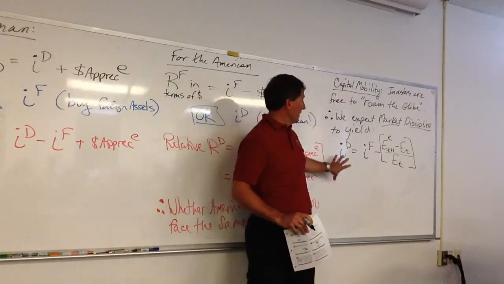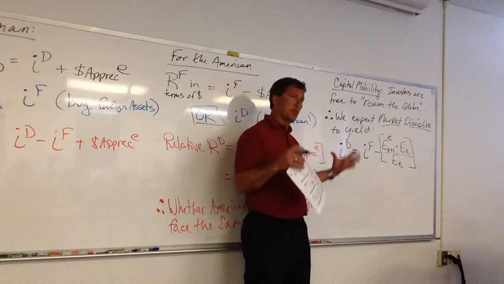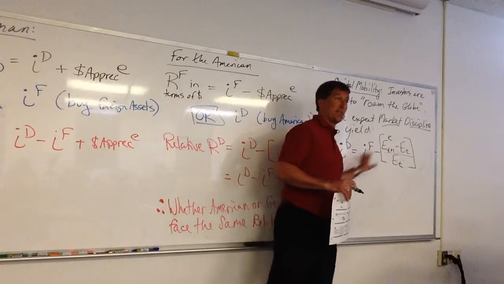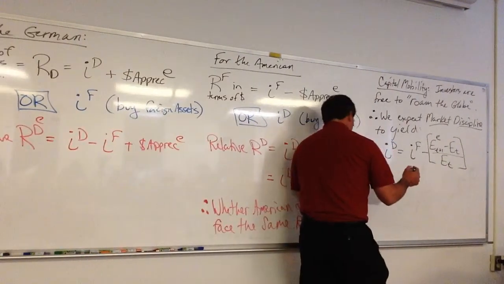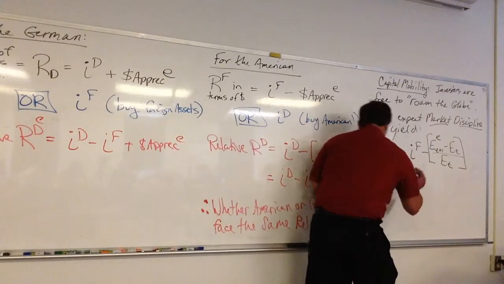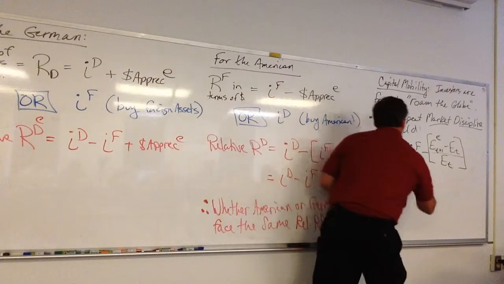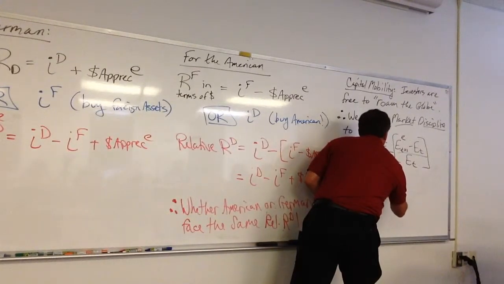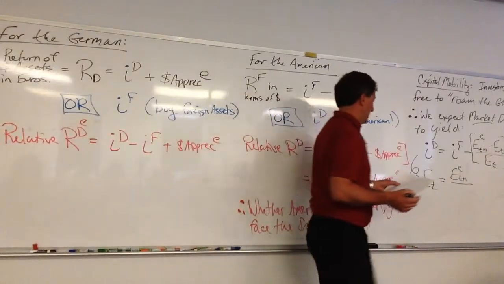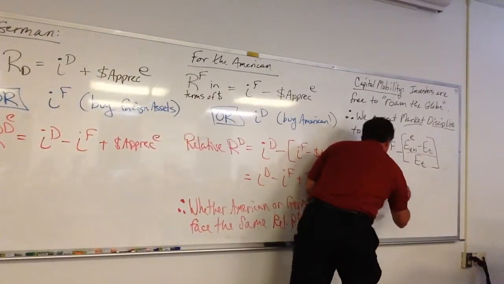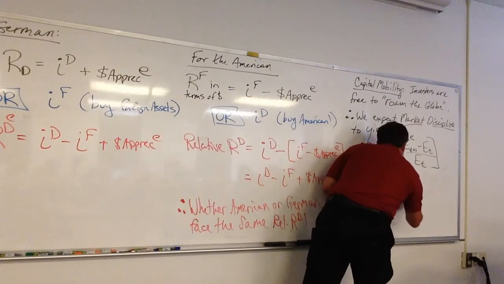So if I'm roaming the globe through arbitrage opportunities and lots of competition among investors, I should expect these two expressions to be equal, which then through a little bit of algebraic manipulation, that I'll let you do on your own, you can solve for the spot rate today, and the spot rate equals the forward rate over IF minus ID plus 1.